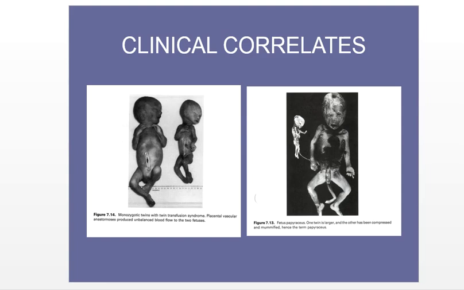And one of the important abnormalities, as you see here, is vanishing twin. The term vanishing twin refers to the death of one fetus. This disappearance, which occurs in the first trimester or the early second trimester, may result from resorption or formation of the fetus papyraceus. Here, fetus papyraceus.